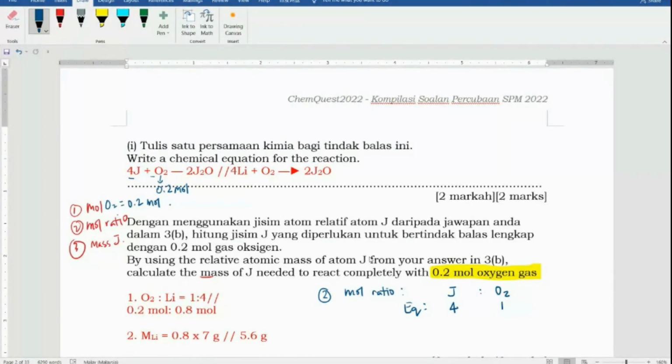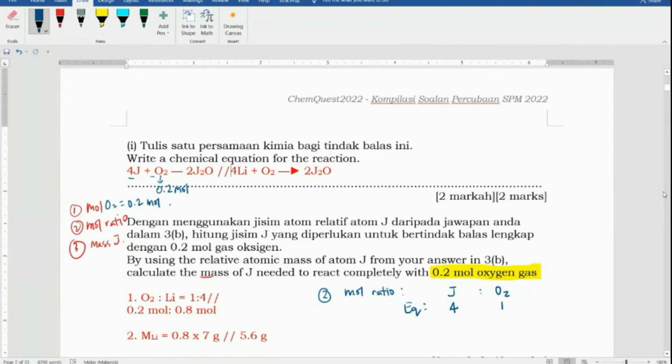Can or not? Roughly okay. Do you know where the 4 and 1 come from? They come from the equation.